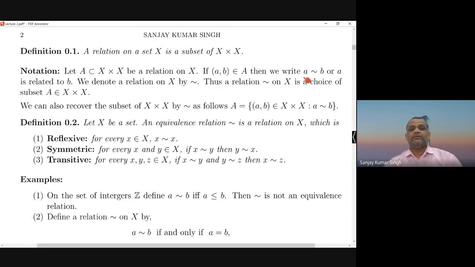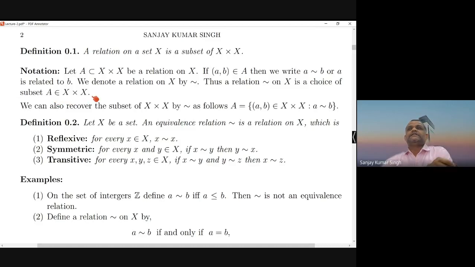Whenever (a, b) is a point in A, I will say that a is related to b. And we denote a relation on X by this tilde. Thus, a relation on X is nothing but a choice of a subset of X cross X.